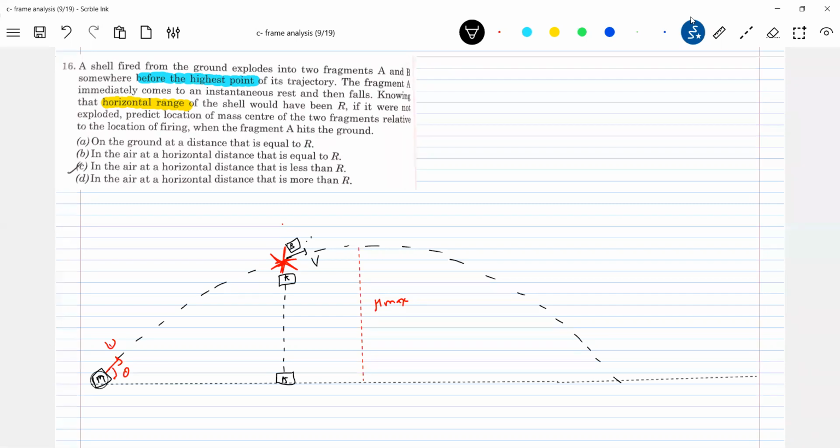And it's the ground. What about the fragment B? Fragment B is going to describe a path like this. Where should it be? Will it come and strike the ground? And this is the path of the center of mass, no? And the fragment B will be like this.